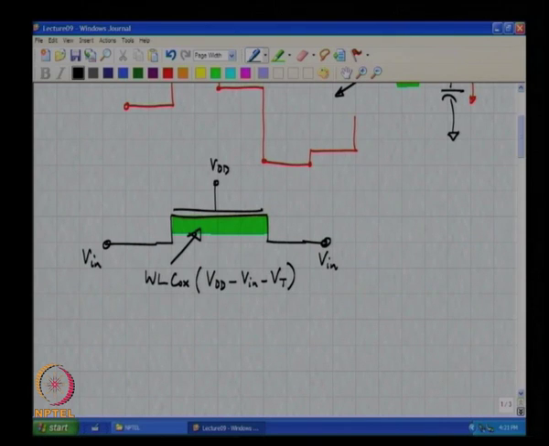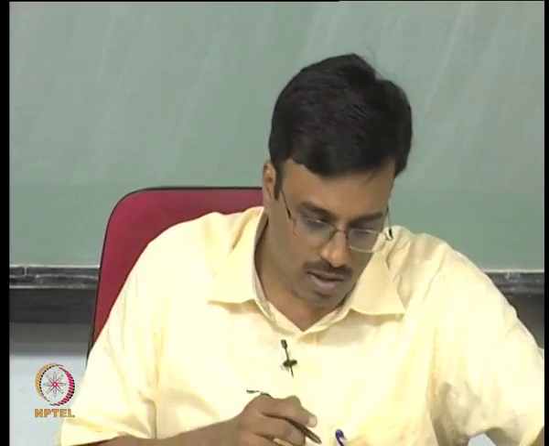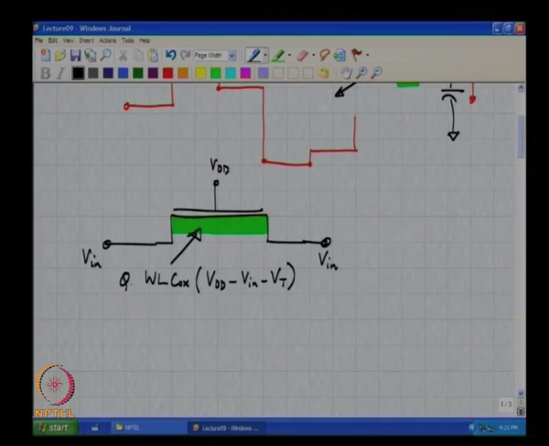This is, please note, only a very crude approximation and is not quite correct. A detailed analysis of this charge will reveal that this charge Q is some nonlinear function of the input and a whole bunch of other things. One straight way of seeing that is that the threshold voltage itself through the body effect is dependent on Vin.